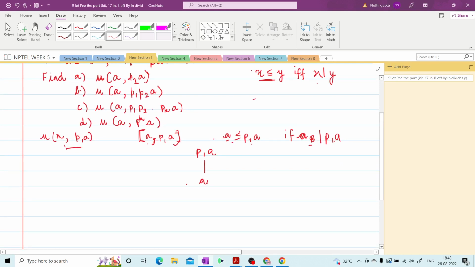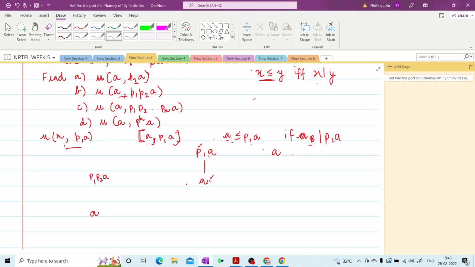Can any other element come between a and p1a? No, because a and p1a differ by just one prime factor, so no other element can come between them. Transitivity should not be mentioned in the Hasse diagram. So if you want to draw this Hasse diagram, if we have a, p1a, p2a, now what will the Hasse diagram for this part be?